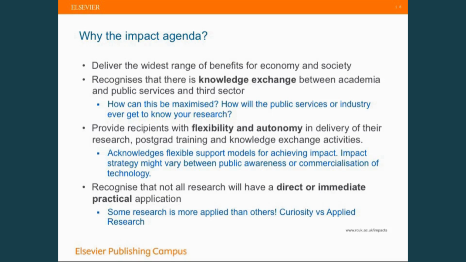So what your science is and what you're trying to get an impact from will be very different, and the pathway to getting that impact is going to be very different as well. And the third thing to recognize is the fact that not all research will have a direct impact. It might not immediately be practical, and that's because some research is more applied than others. So there is curiosity versus applied research as well that we must take into consideration.